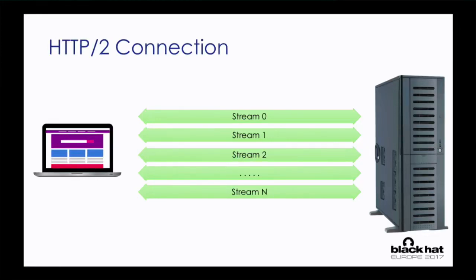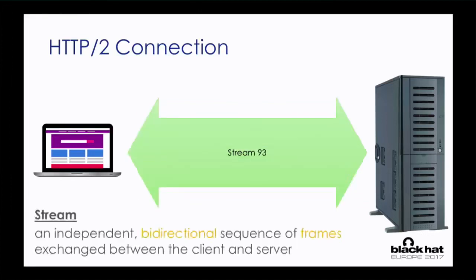Stream 0 is the only stream dealing with the parameters for the entire connection, and we'll see that later. So this is the definition of a stream according to the RFC: an independent bidirectional sequence of frames exchanged between the client and the server.